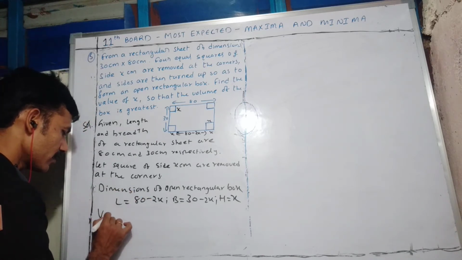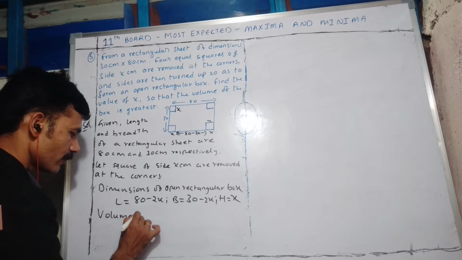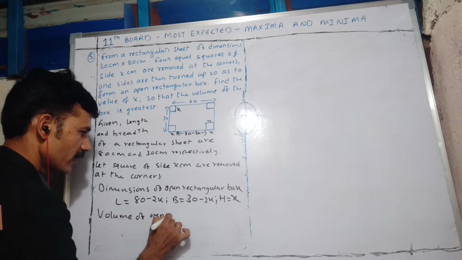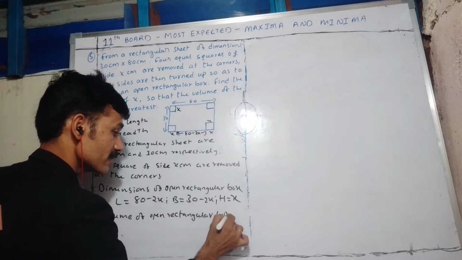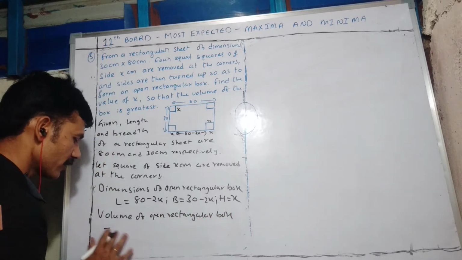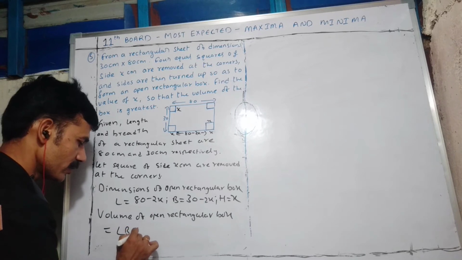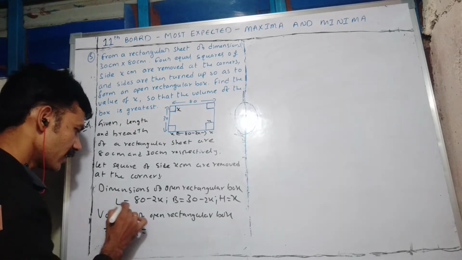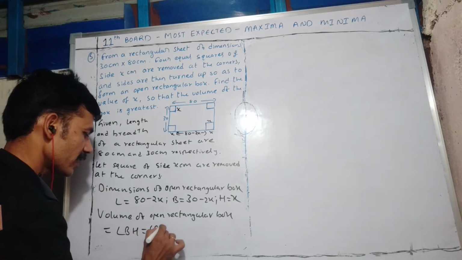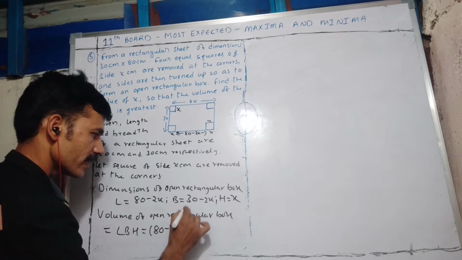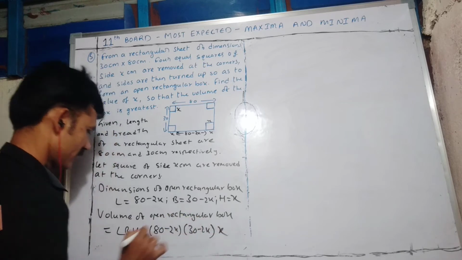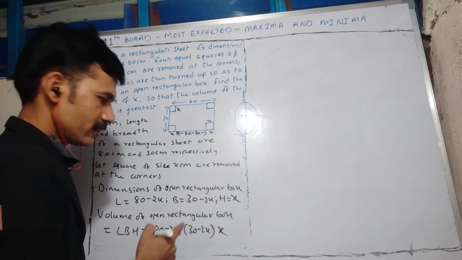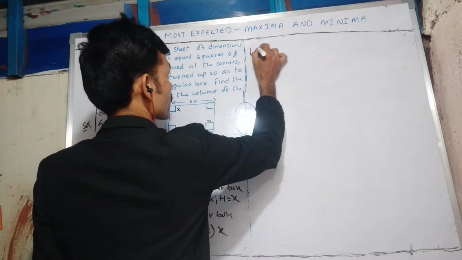Now we can calculate the volume. Volume of the open rectangular box is the volume of a cuboid, length into breadth into height. Here length is 80 minus twice x, breadth is 30 minus twice x, height is x. Let this be f of x.